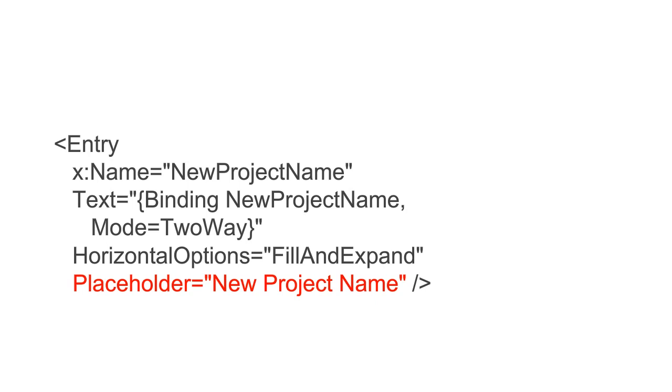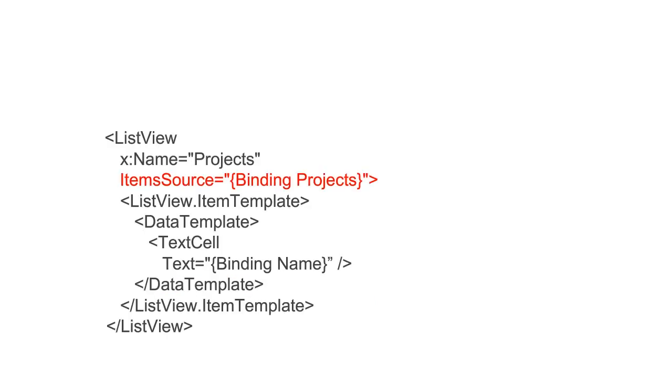Now we come to the list view. Again, one of the most powerful controls there are. We're going to look at the list view in detail when we get to the demo. But for now, let's look at a basic list view. Here we have a name, and then we have the item's source property.